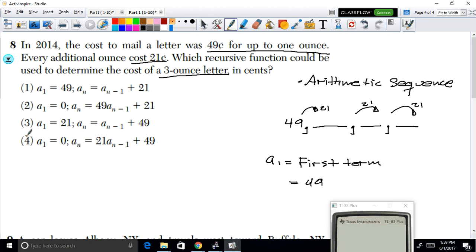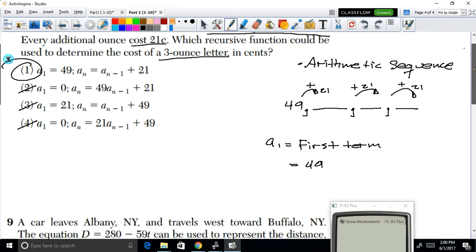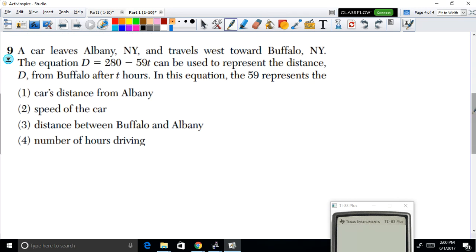Knowing that A1 is 49, we can eliminate option 3, option 2, and option 4 because this is the only one that has A1 as 49. So by process of elimination, the correct option is option 1. And again, what you do here is add 21 cents for every single extra ounce that you would like to ship.